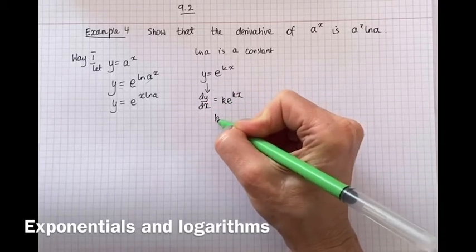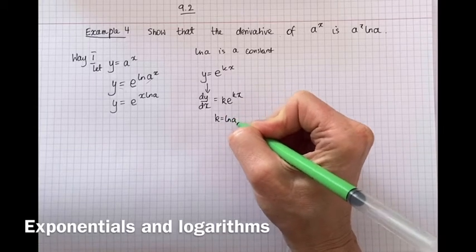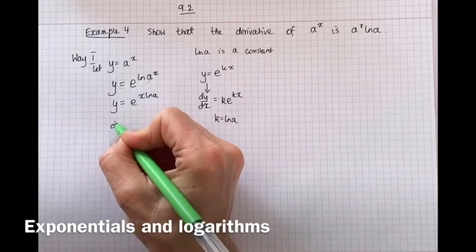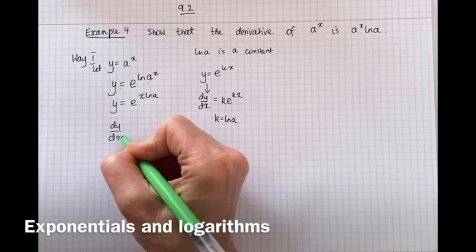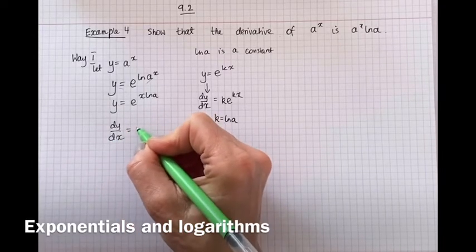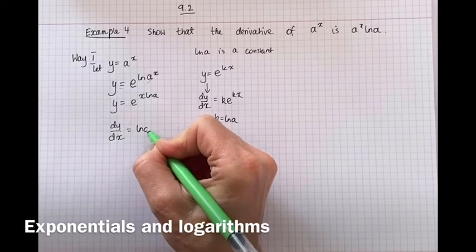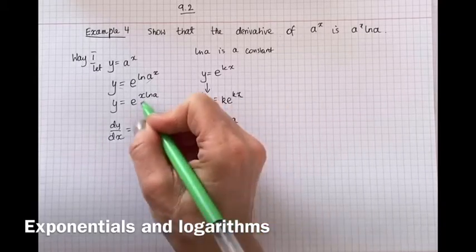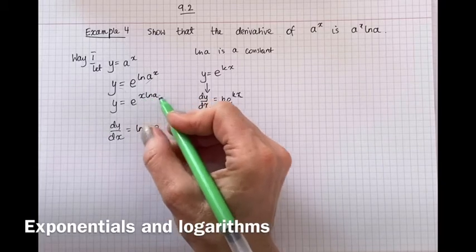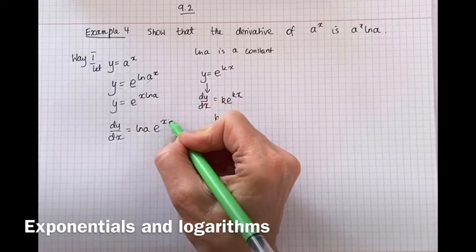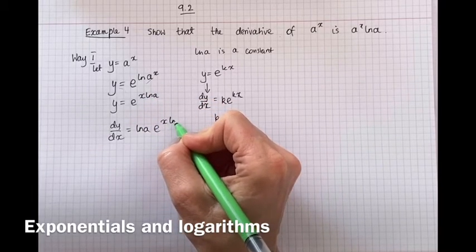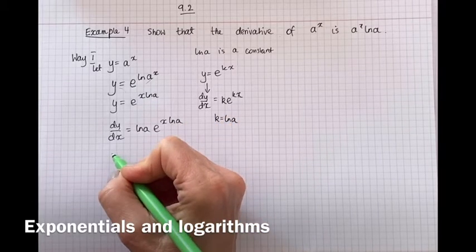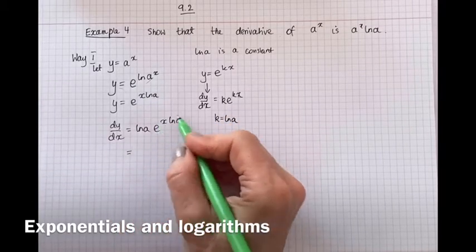So if your k was equal to ln a, dy dx is going to be equal to k, which is ln a in our case, times e to the power of kx. There you go. Now all you need to do is rewrite it.